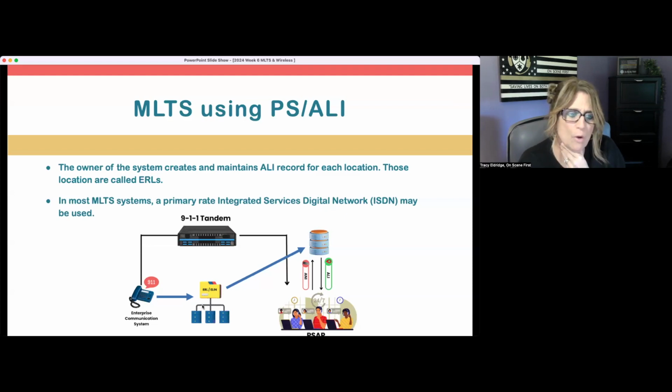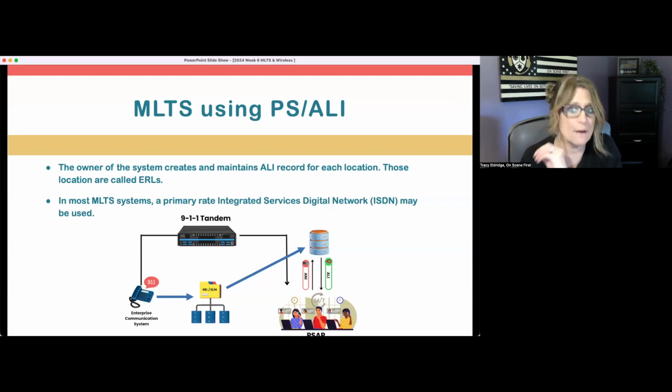So when the 911 call gets placed and the call's going to the tandem, the system is automatically pulling the ERL location. So it's pulling the location from the phone number, matching it up with the ELIN, and the ELIN is that magic key number, which is going to come up again later.